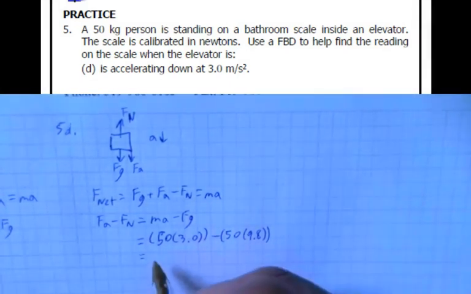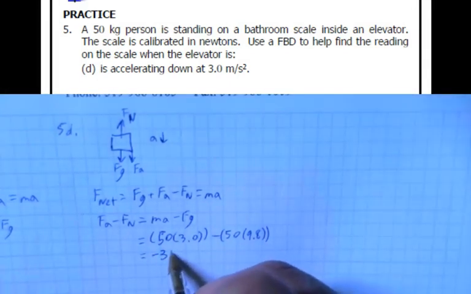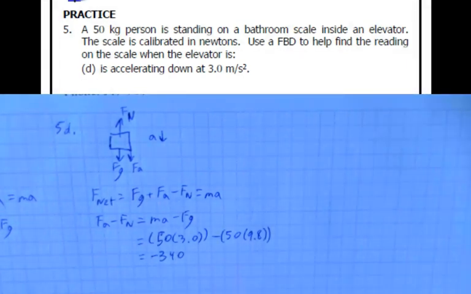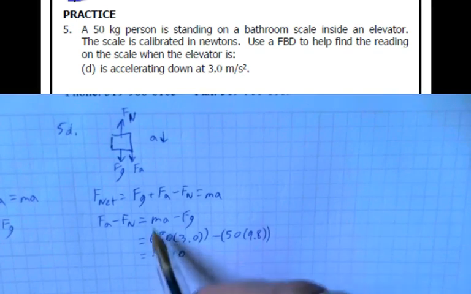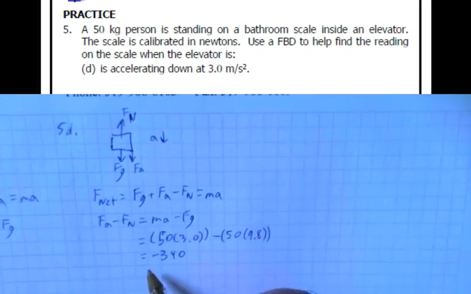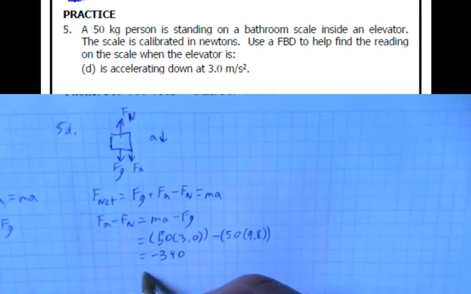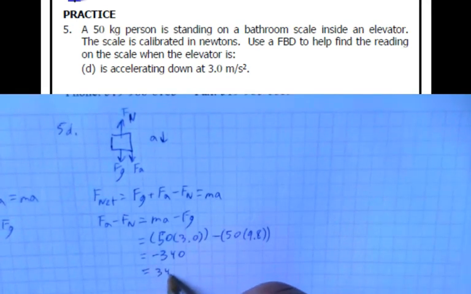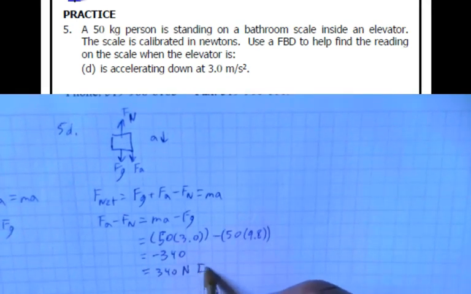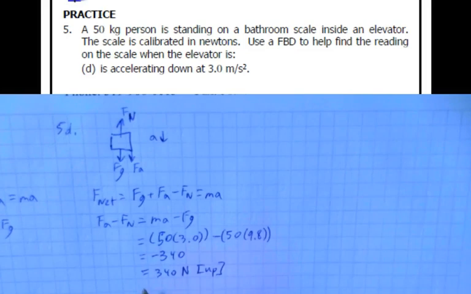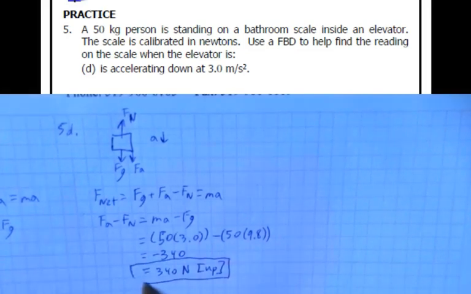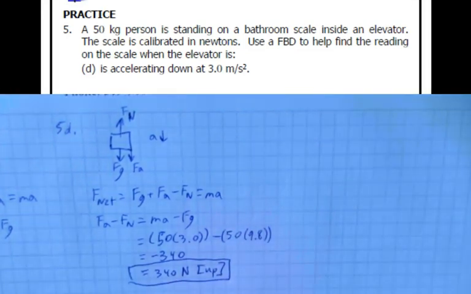And this works out to negative 340. So why is it negative? Well, because we chose down as positive, then that's going to be negative. So ultimately, we know the solution is actually 340 N up. So you might want to state that in that case. Just because we chose down as positive, that's why that came up as a negative solution.